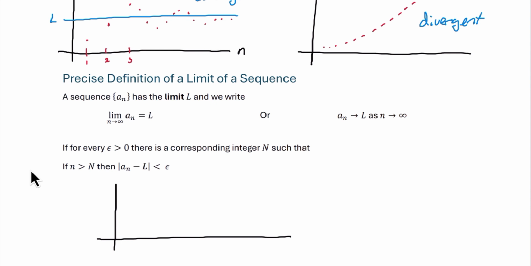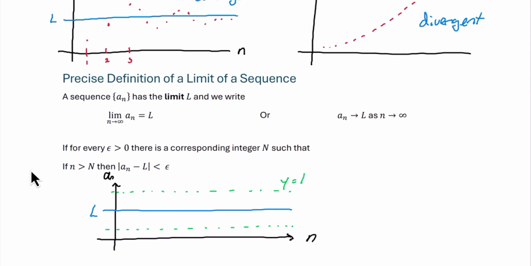Again, the vertical is a sub n, horizontal is our n values, and we want to approach an L value if this is a convergent sequence. Let's say we have a horizontal line up here and a horizontal line down here, and this upper one we'll call y equals L plus epsilon, and the lower one will be y equals L minus epsilon.